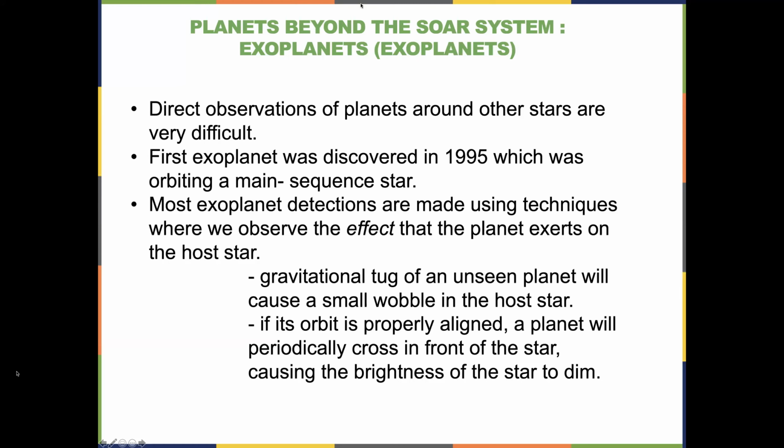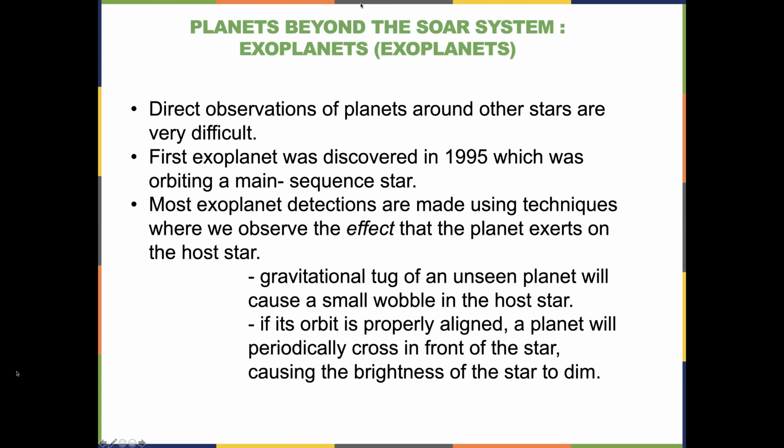The first exoplanet was discovered in 1995, a planet orbiting a main sequence star, right? When I say a main sequence star, I hope all of you know what that means, because we talked about the main sequence in past lectures.